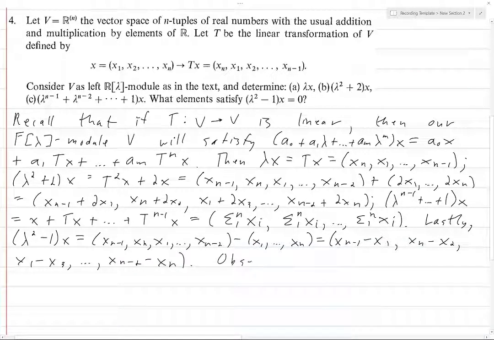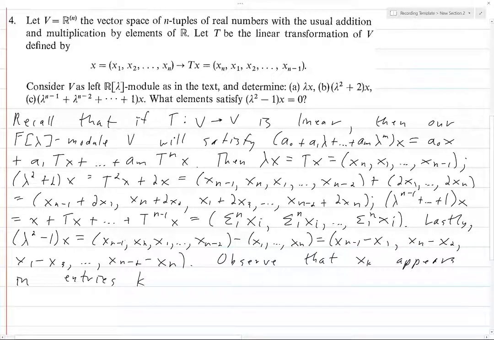Now observe that the symbol x_k appears in entries, well, which entries does it appear in? In the second term here, this minus x, it's obviously going to be in k.